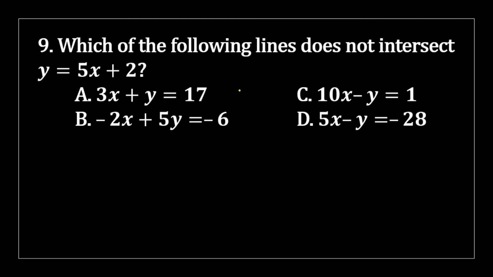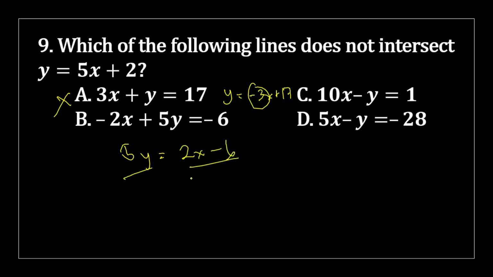Let's try letter A. We have y equals negative 3x plus 17. So negative 3, so this is not the answer. Letter B, we have 5y equals 2x minus 6. Divide both sides by 5. So 2 over 5 is also not our slope.